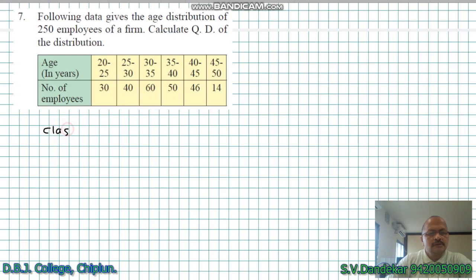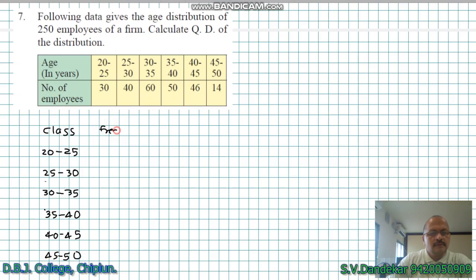Class: 20 to 25, 25 to 30, 30 to 35, 35 to 40, 40 to 45, and 45 to 50.